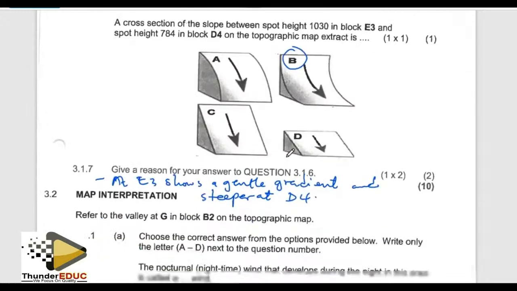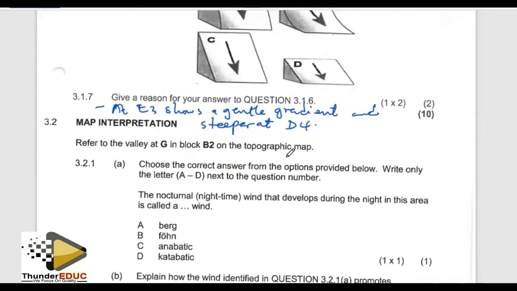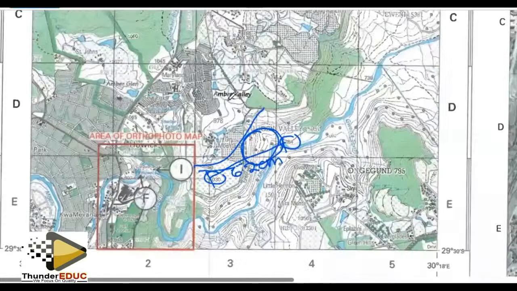Then 3.2. Refer to the valley at G in block B2 on the topographic map. The valley at G in block B2. Let's check. Sorry about that. Block B2.